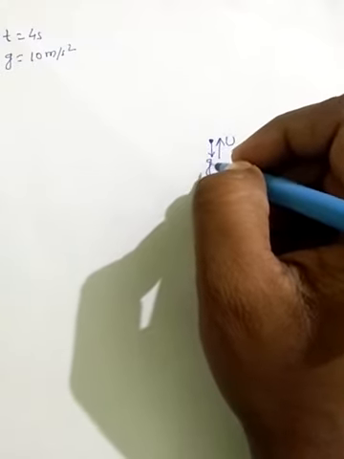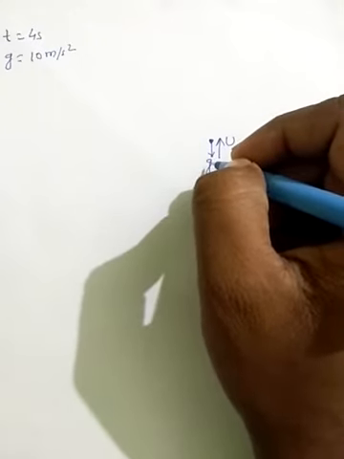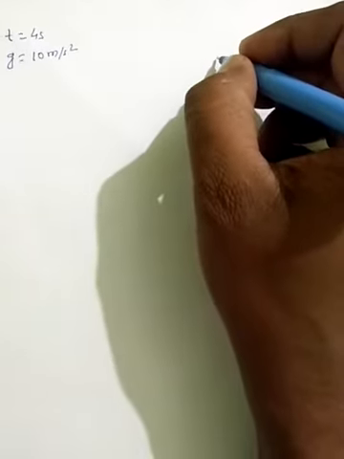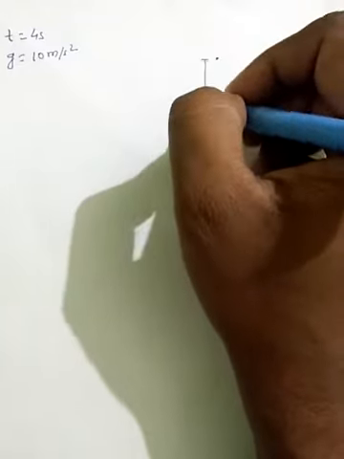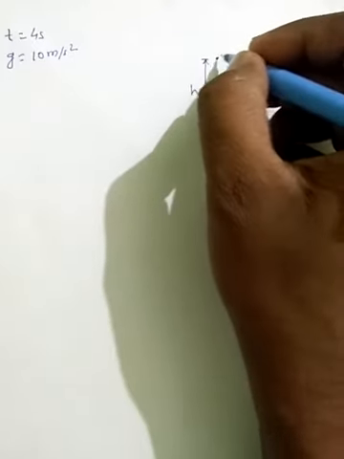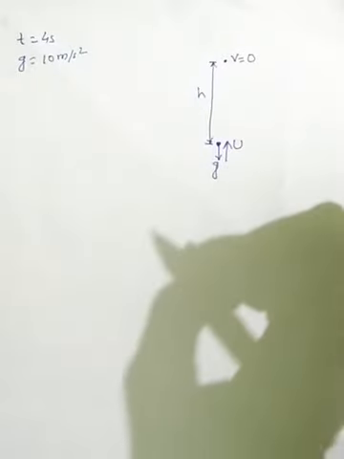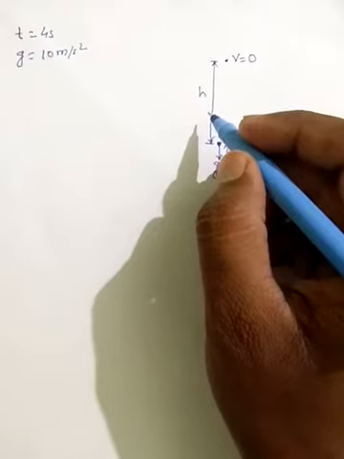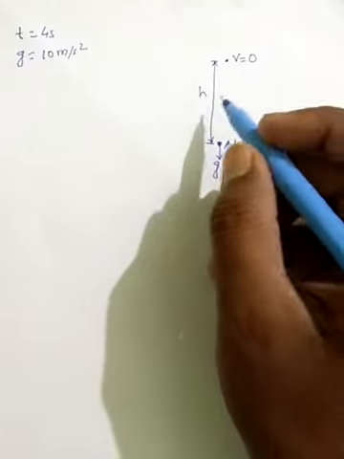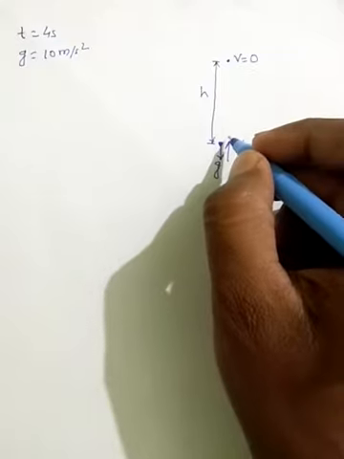Therefore it causes a decrease in motion. Here g is taken as negative acceleration, and after a certain time the velocity of the object will be zero. That is, the final velocity of the object will be zero at this point, which is at height h from the initial point.